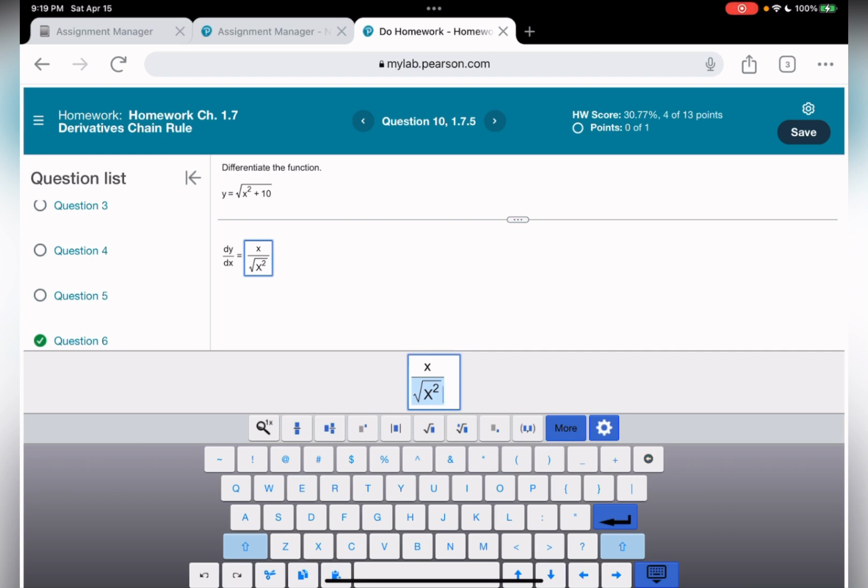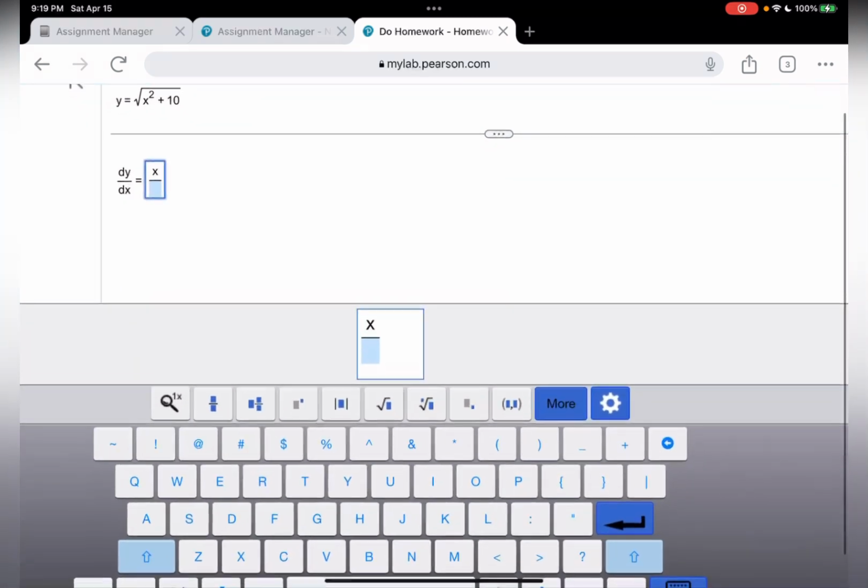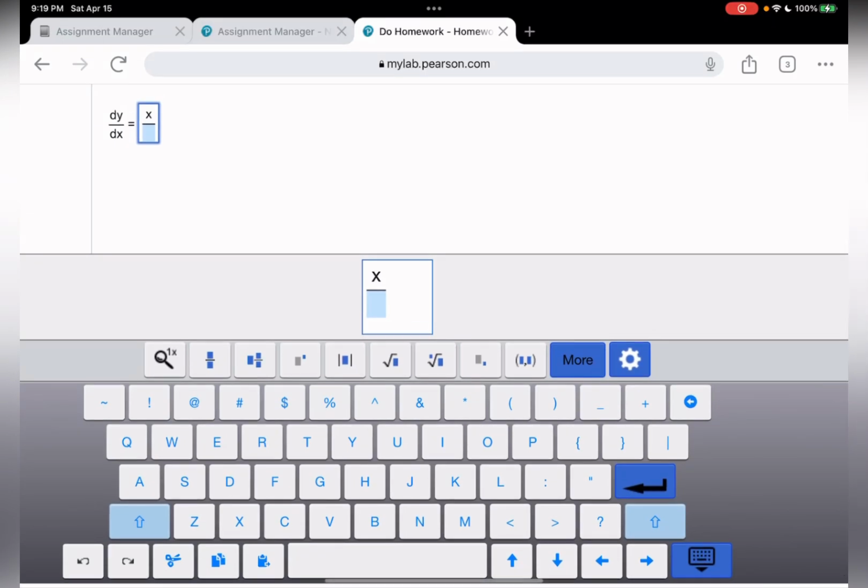It doesn't get under the square root. That's not good. It has to get in there. I have to squeeze it in. It's not taking. Okay, let's see how we can do it.